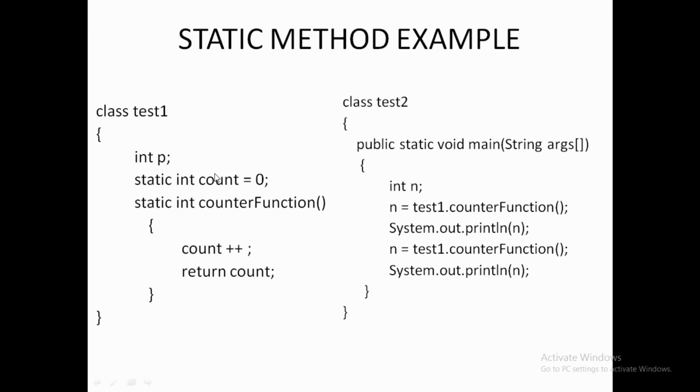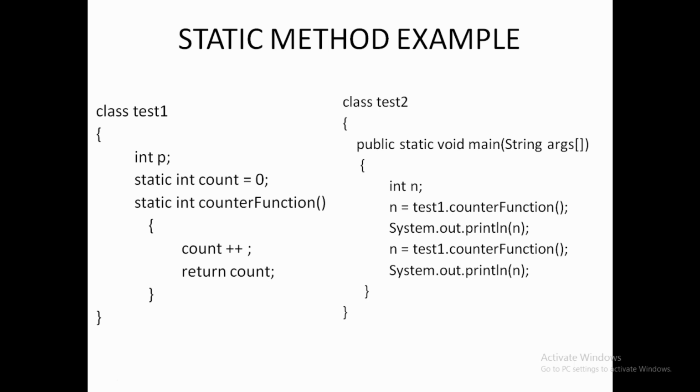Here in this slide I have discussed the static non-access specifier, or static modifier, with the help of an example. As you can see here, I have defined a static method and also a static instance variable. Now inside this main, I have called the counter method using the class name and dot operator.